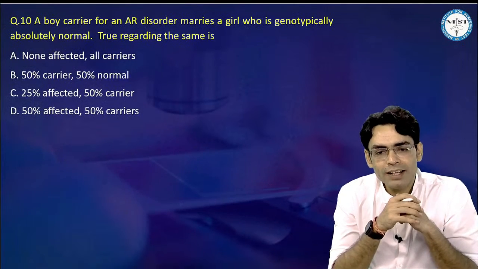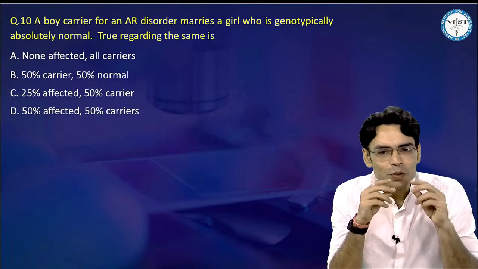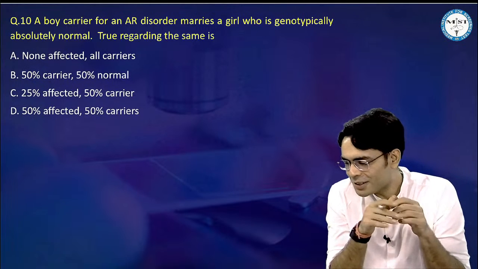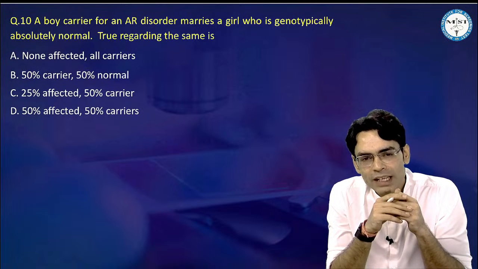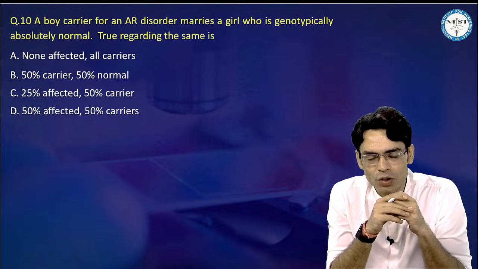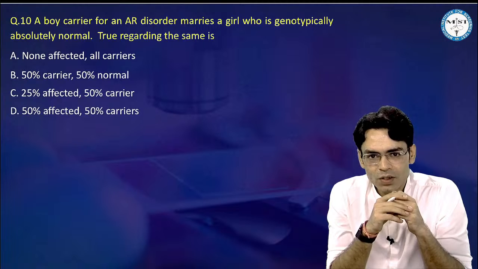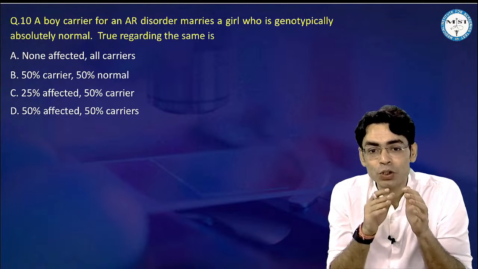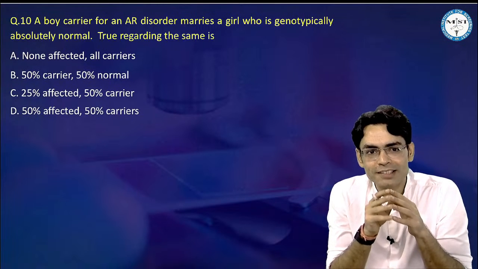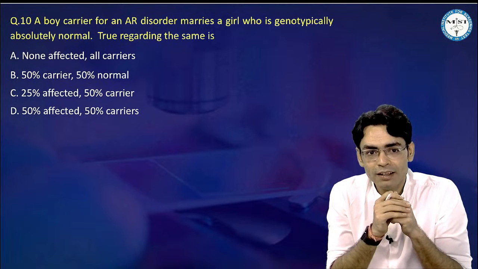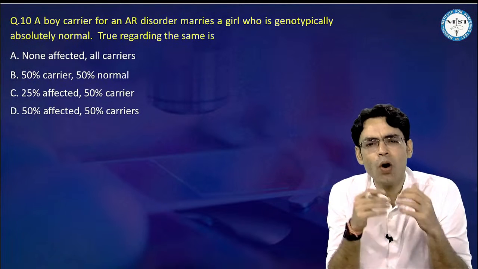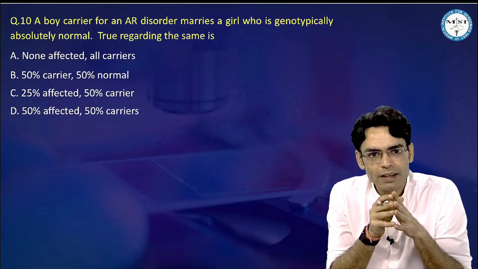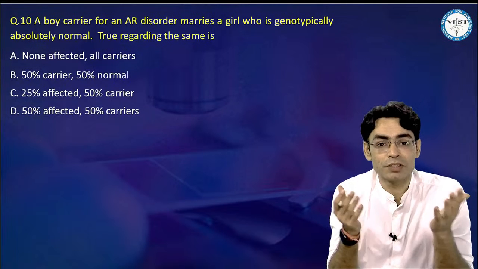Now, this question I want you people to answer. I'm waiting for the answer. A boy who is a carrier for an autosomal recessive disorder marries a girl who is genotypically absolutely normal. True regarding the same is: A, none of the children would be affected, all would be carriers. B, 50% carriers, 50% normal.